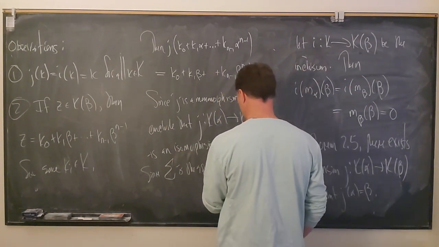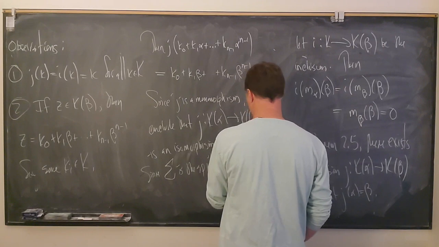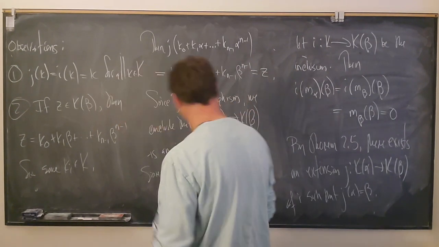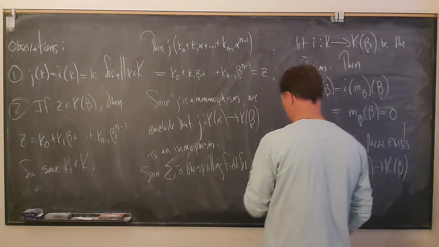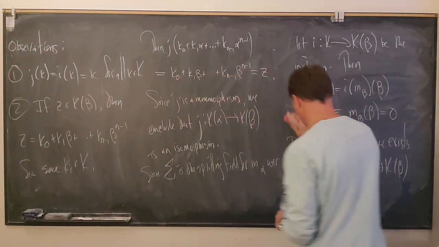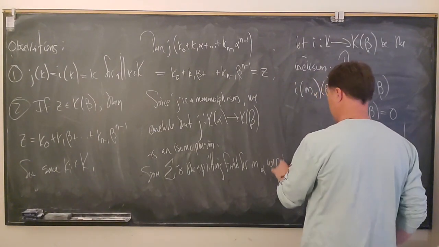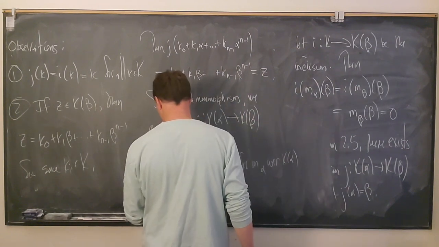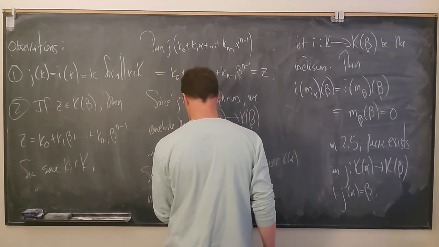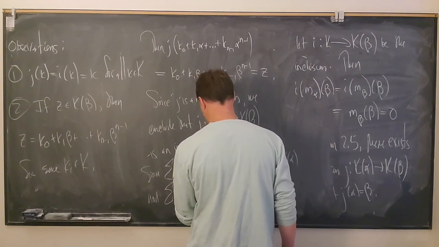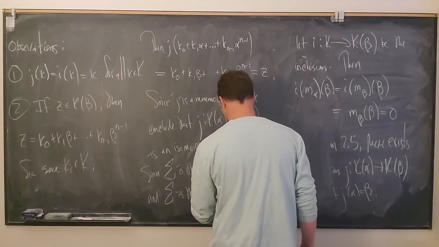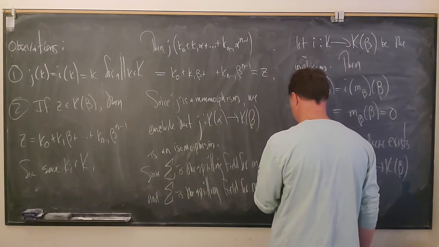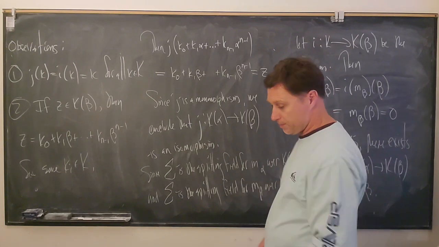So since sigma is the splitting field for m sub alpha over K adjoin alpha, and also sigma is the splitting field for m sub beta over K adjoin beta.